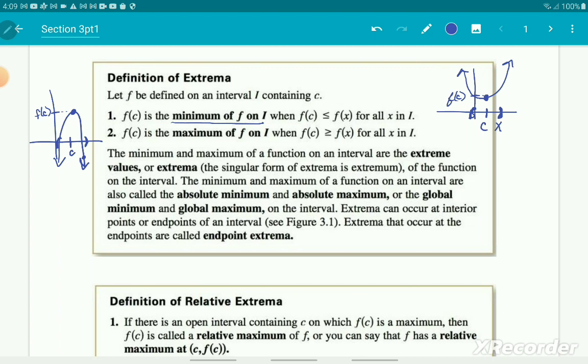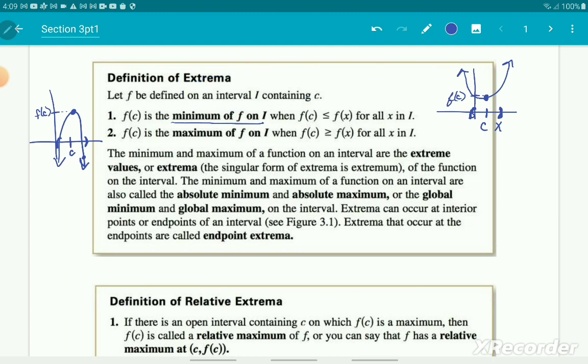Now, we could also talk about the minimums on a closed interval, or we could talk about absolute min and max. So notice that they haven't really talked about what interval I is. So it could be the entire domain.